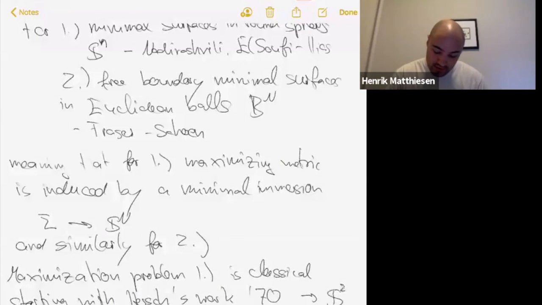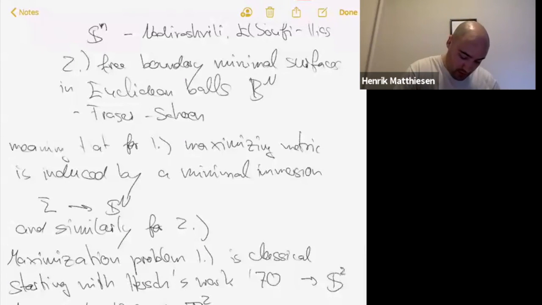So that gives the case of the Klein bottle. And then much more recently, there is work by Nayatani and Shoda giving the case of the genus 2 surface.